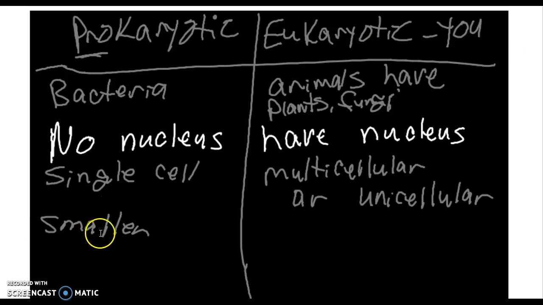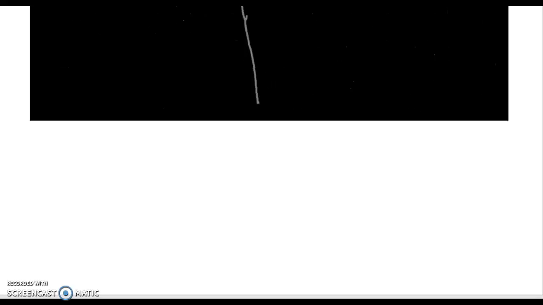Prokaryotic cells are much smaller and simpler than our eukaryotic cells. So those are the primary differences that I think you need to remember. You might see that on the MCA test.